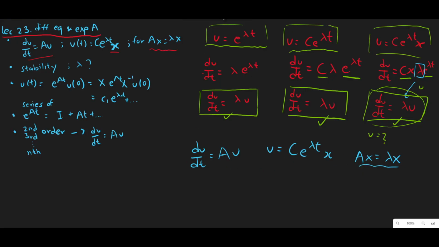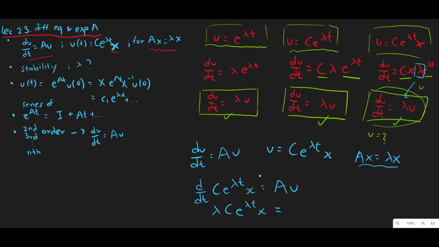So d over dt of c e to the lambda t x is u. And then I differentiate this one, exactly as what I just did here, which is we end up with lambda, and then the x.